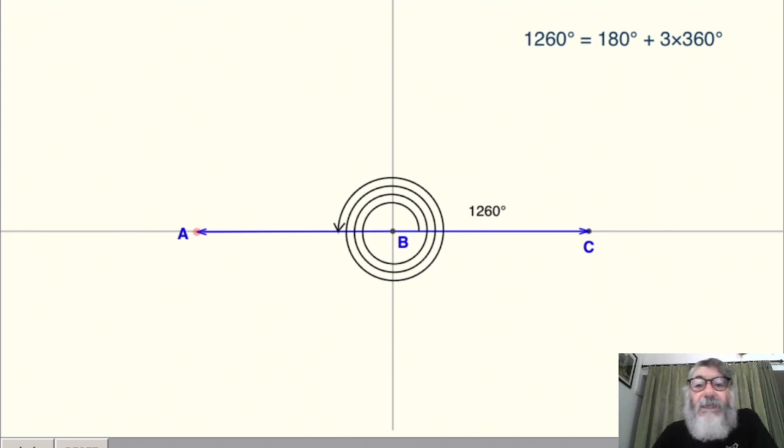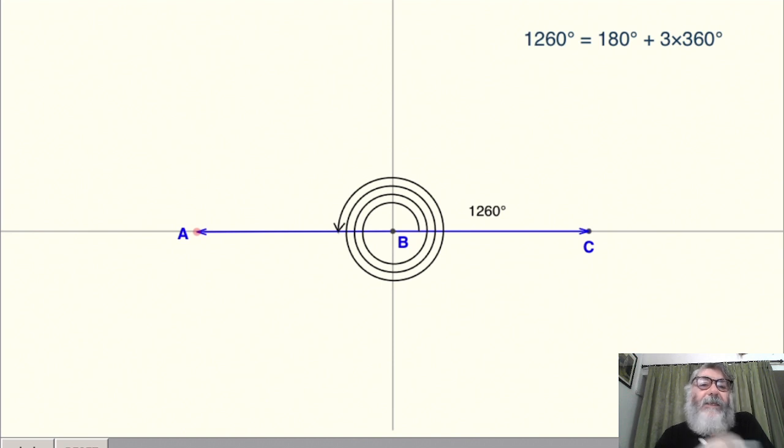Now 1260 when divided by 180, what will happen? What will you get if you divide 1260 by 180?